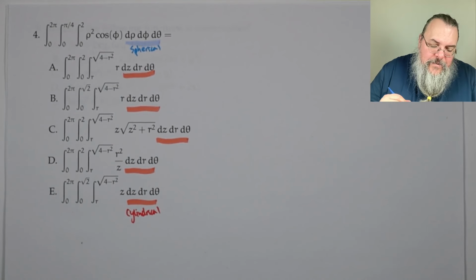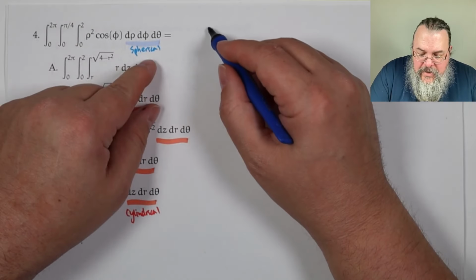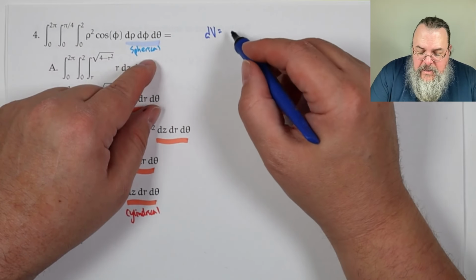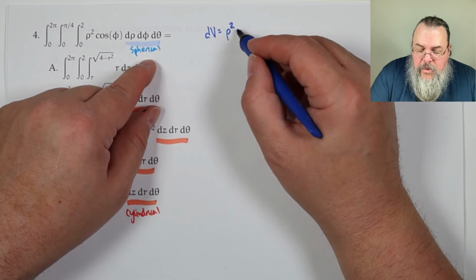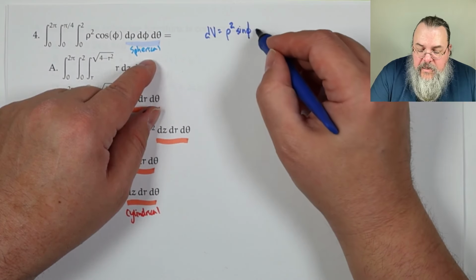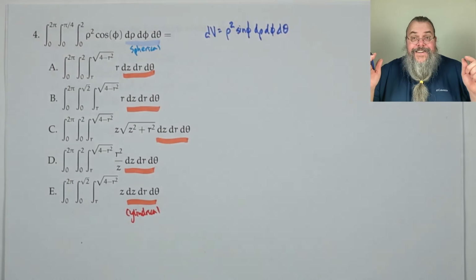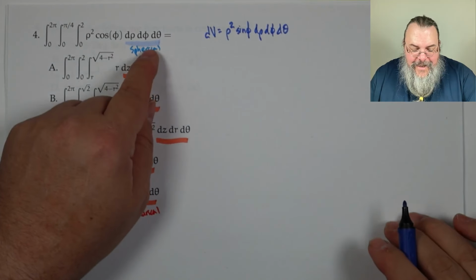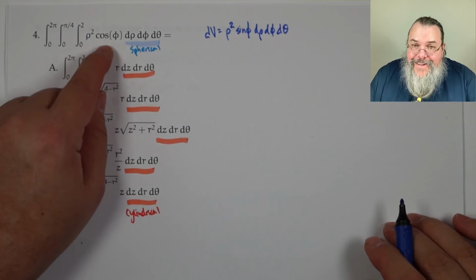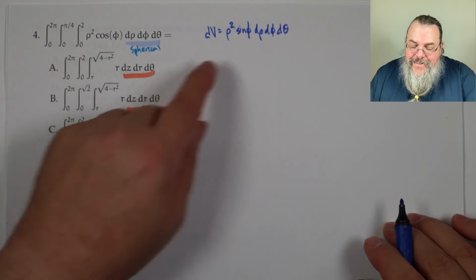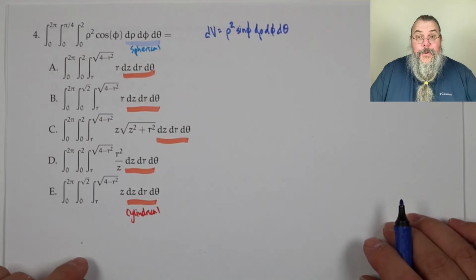Well, for spherical, we have that dv is rho squared sine of phi d rho d phi d theta. Almost that, but not that. That cosine is not sine. Uh-oh.